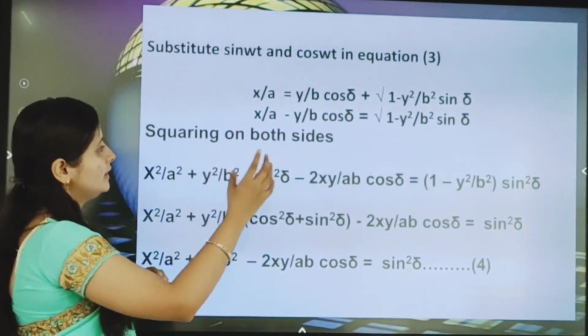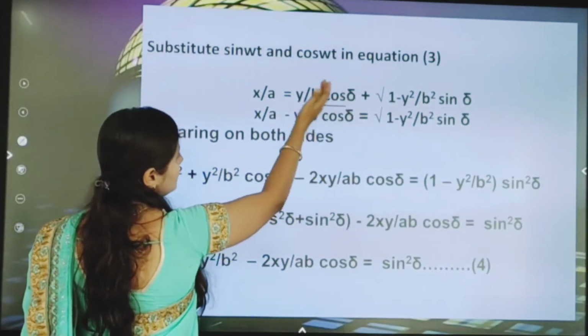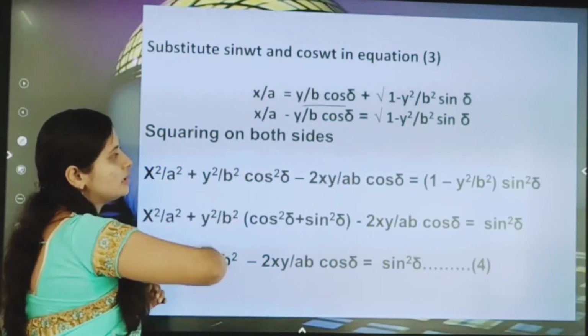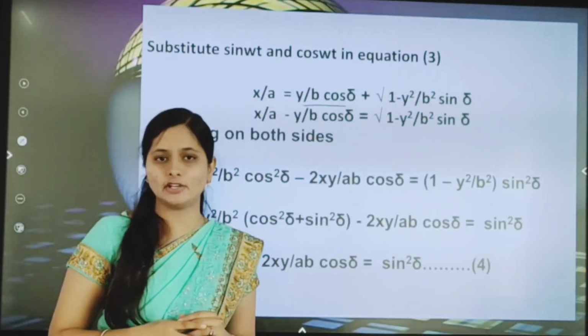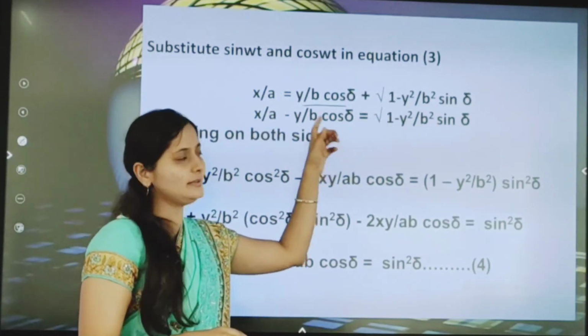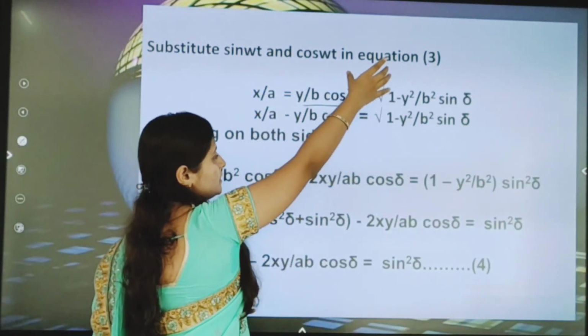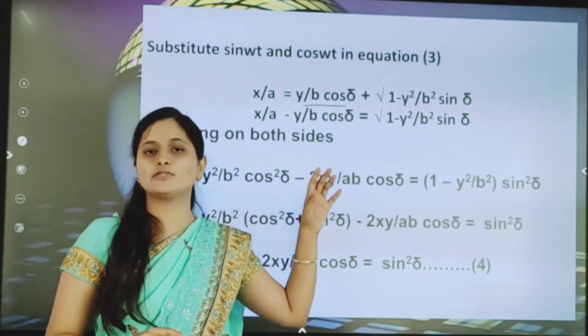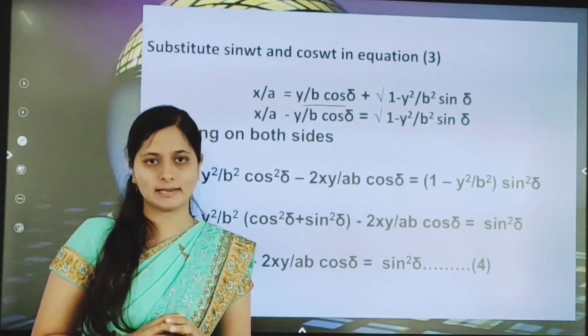Taking the positive term to the left-hand side, it becomes negative. So x by a minus y by b cos delta equals the remaining right-hand side term, square root of 1 minus y square by b square into sin delta.